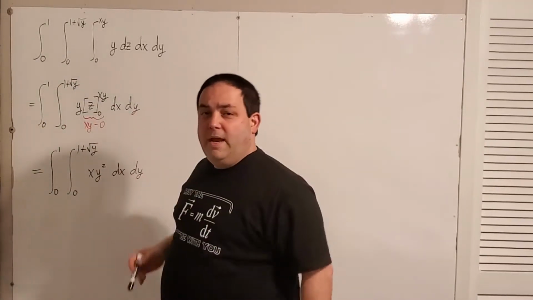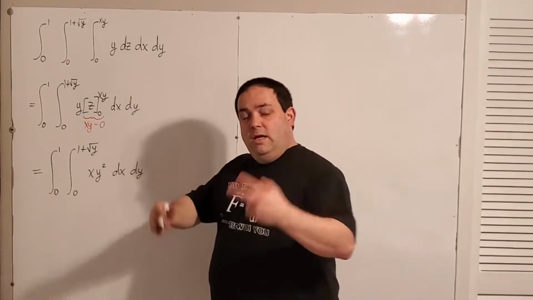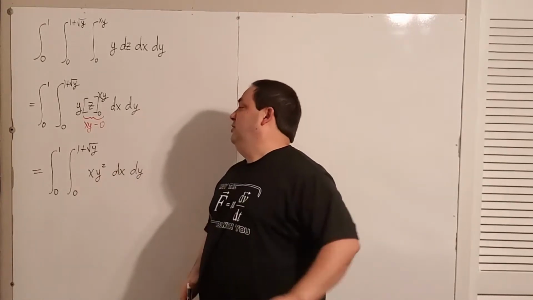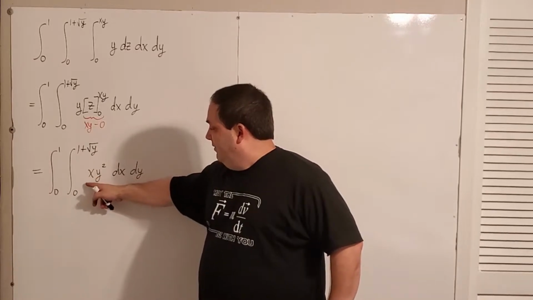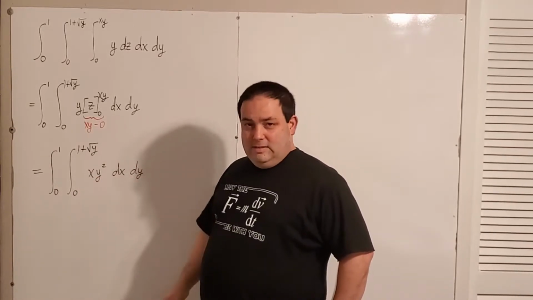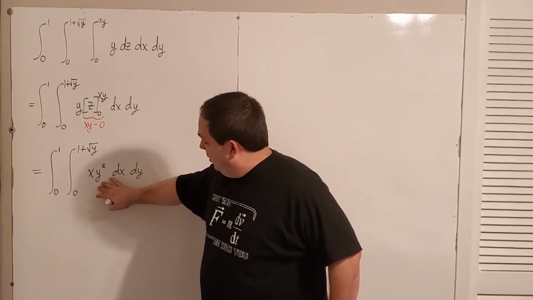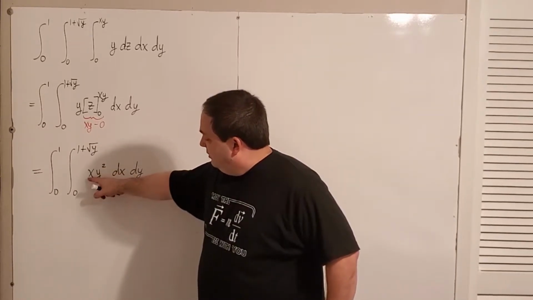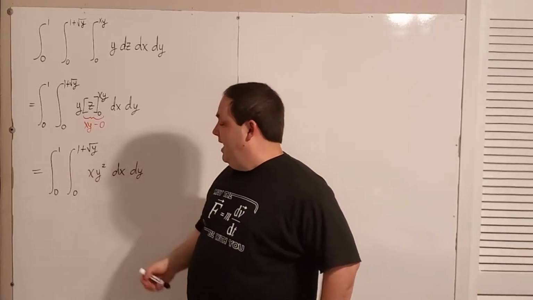Okay, now we're back to familiar regions, a double integral. Okay, so then I'm just going to continue from here. Antiderivative of xy squared dx. The y squared, again, is not a part of that integration. I'm just taking the antiderivative of x dx.